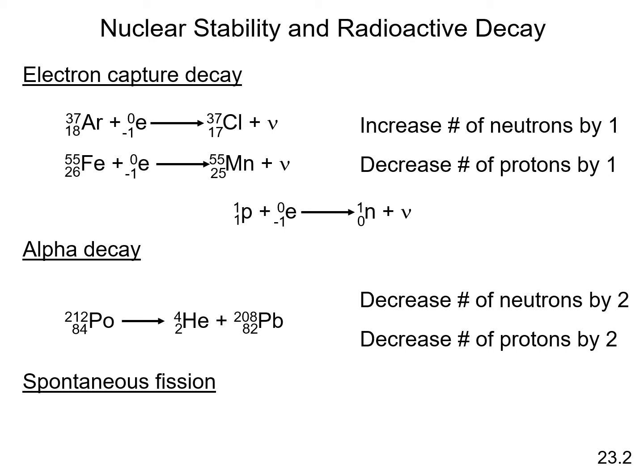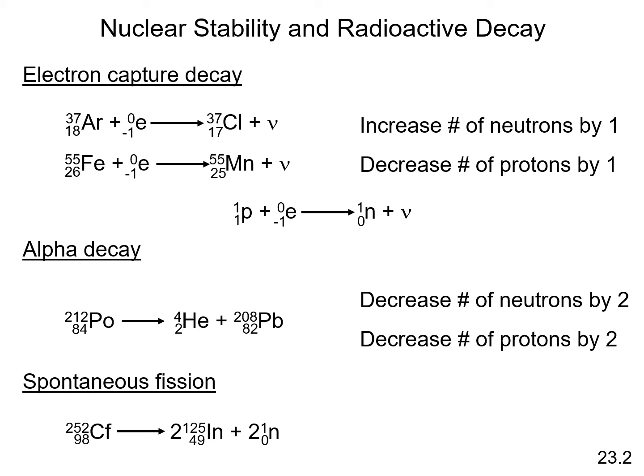Some radioactive nuclei can undergo spontaneous fission, meaning it breaks apart into smaller and more stable nuclei plus neutrons. Like californium, it gives you indium and 2 neutrons.